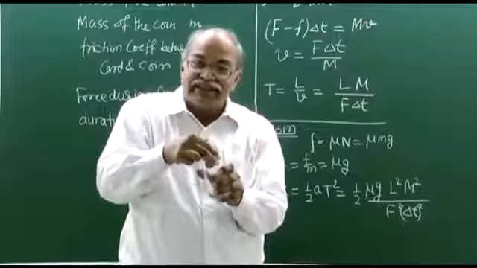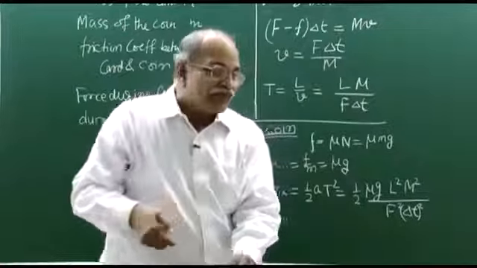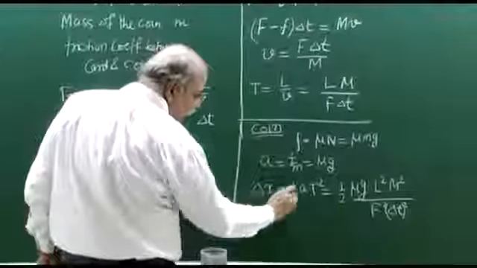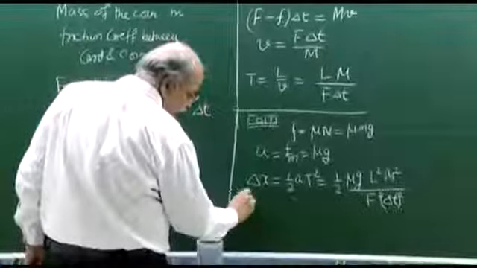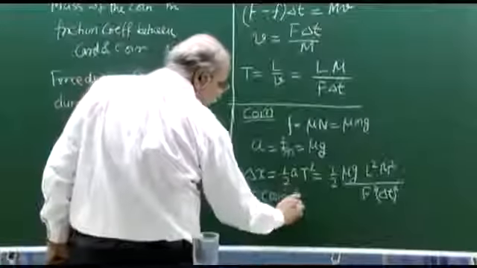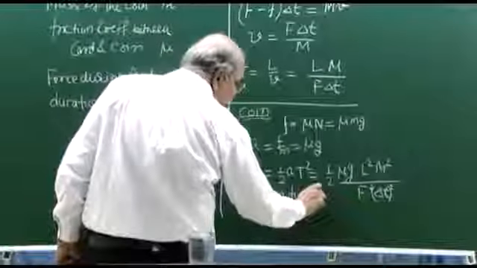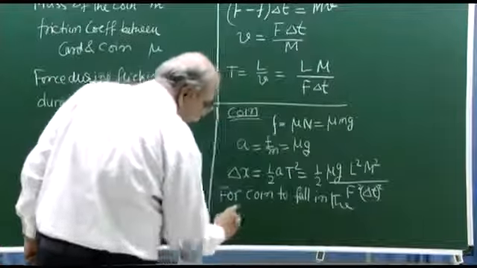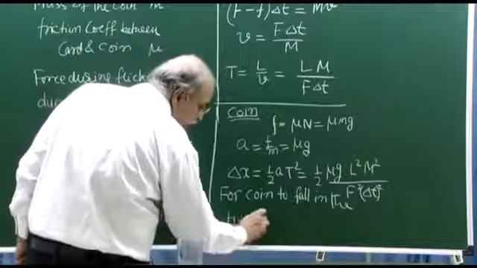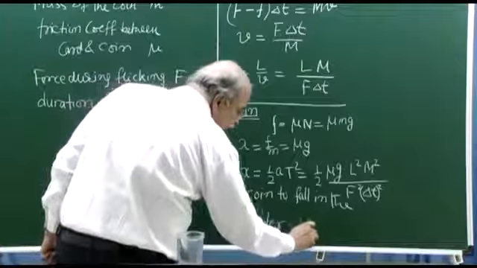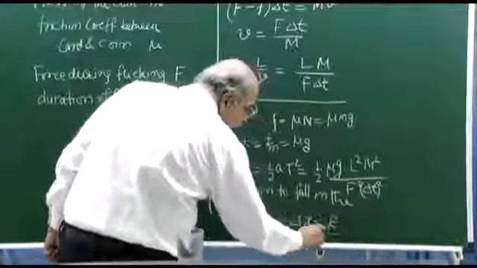So, for the coin to fall in the tumbler, this delta x should be smaller than r.